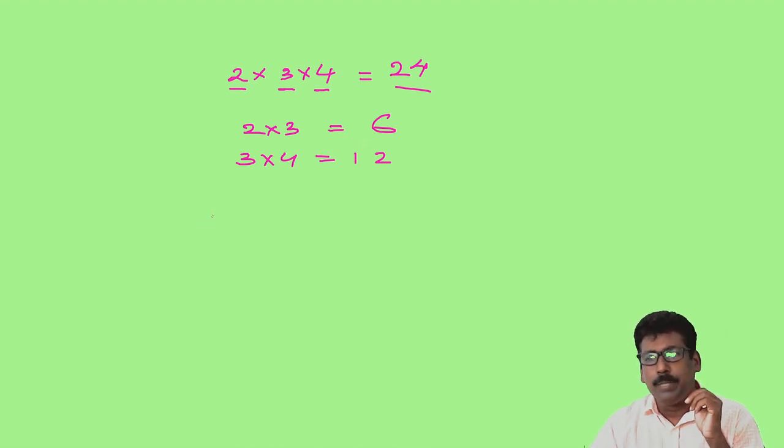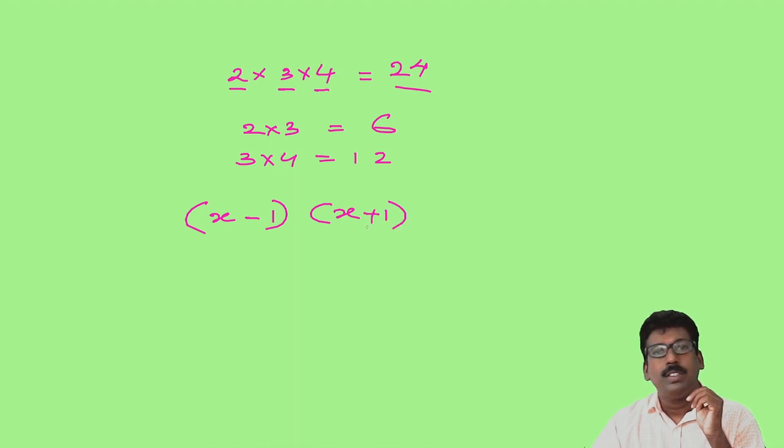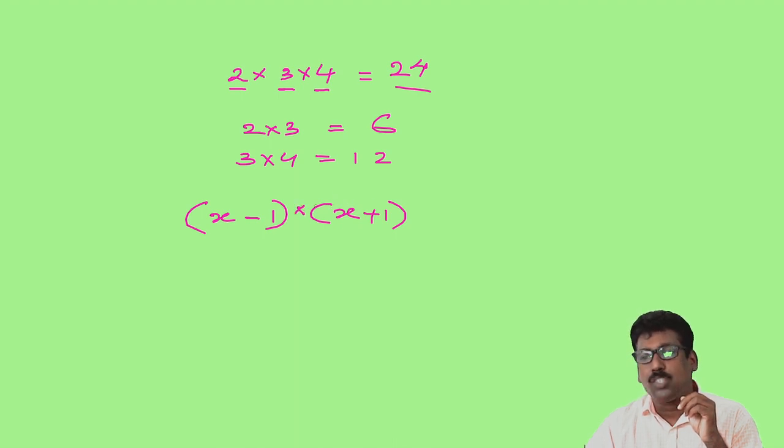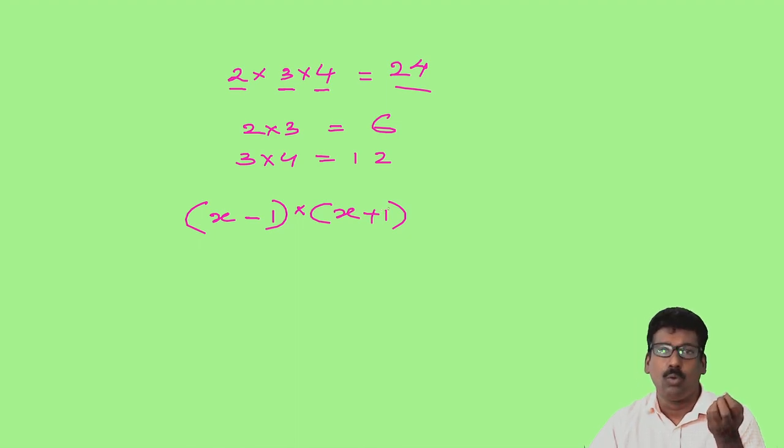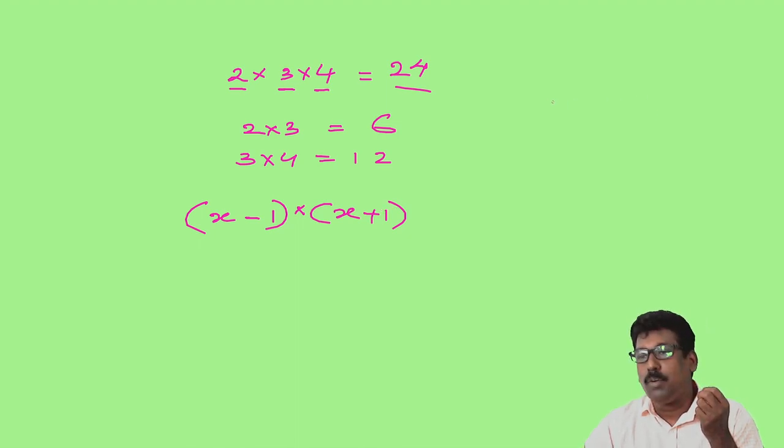Now, let me take the factors of a polynomial as x minus 1 and x plus 1. You can find that x minus 1 into x plus 1 is also a factor of the given polynomial. Now, it is in the form of a plus b into a minus b, which is a square minus b square.